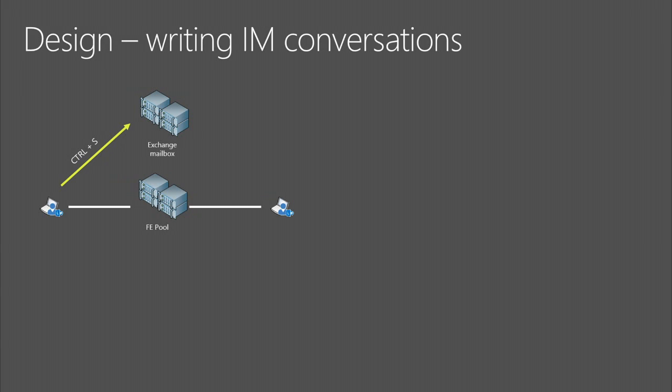This is just to give you an understanding of how conversations are syncing from desktop to Exchange. And then in the Exchange mailbox, depending on what client you have for email, if you have Outlook, it will show up in your Outlook conversation history folder.